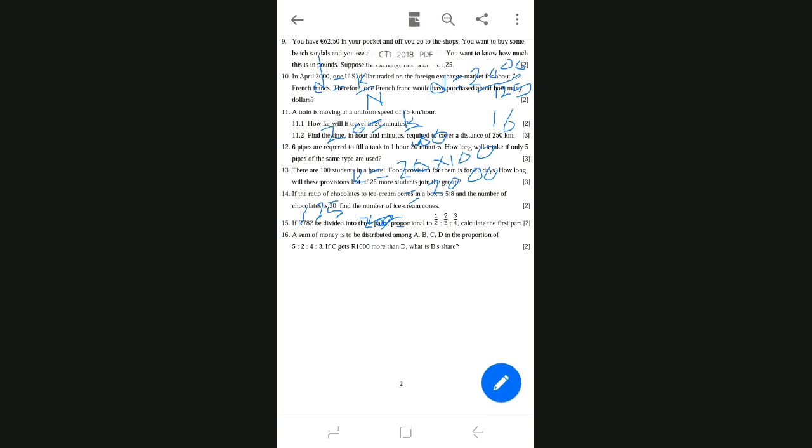Okay, good. Then another approach is that you can decide to use ratios. How do you use the ratios?